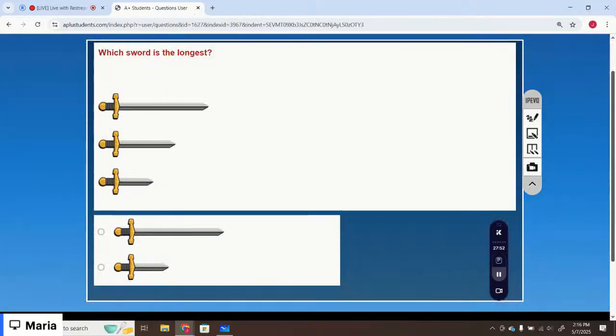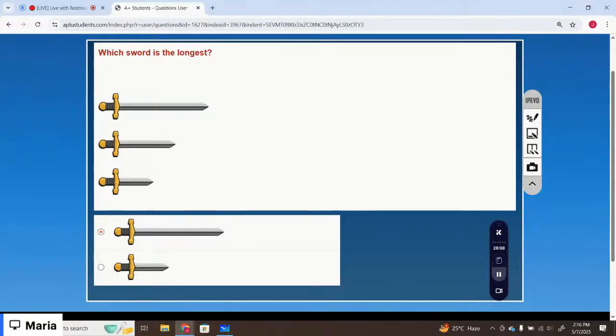Which sword is the longest? Option number one is the correct option. That is the longest one.